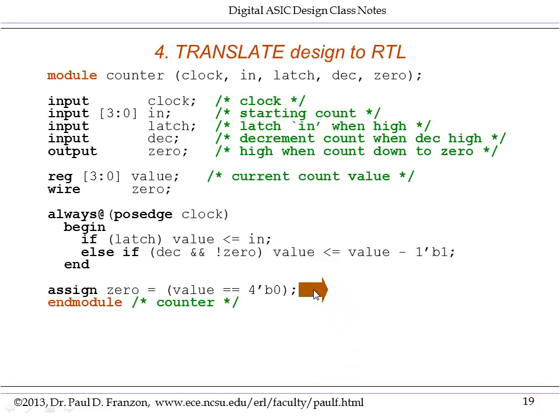The second block of code here is a one-line continuous assignment statement. That is, we're comparing value against 0. Remember, double equals means is it equal to. This is producing a 1-bit true-false result that gets assigned to zero, which is a 1-bit piece of data.